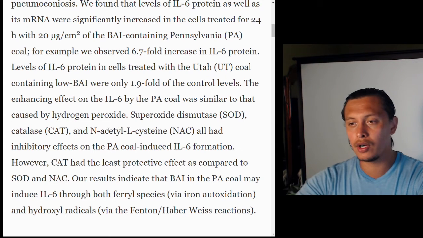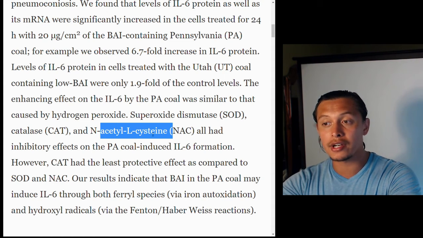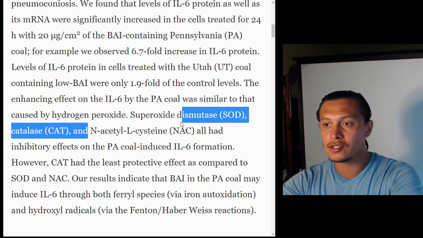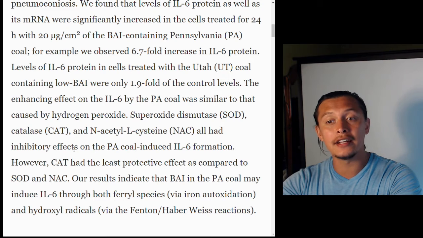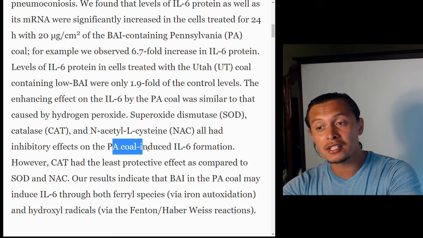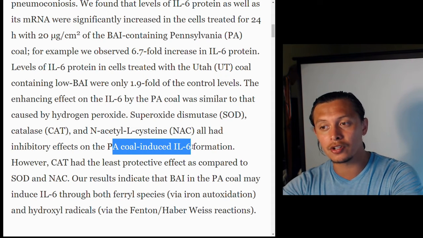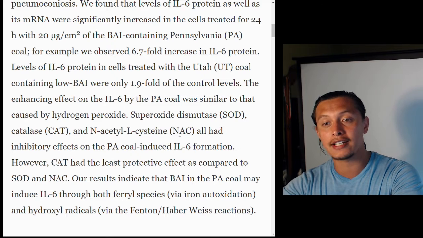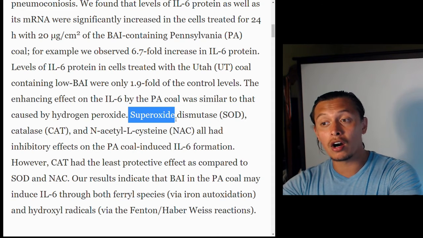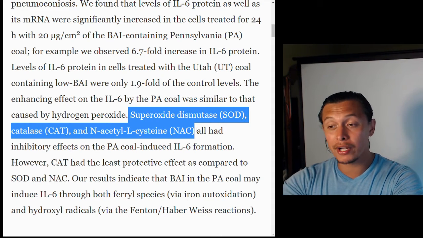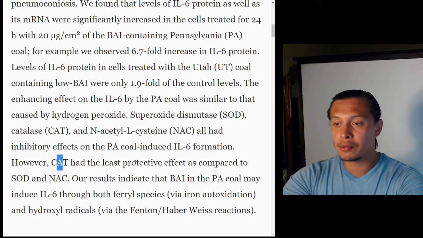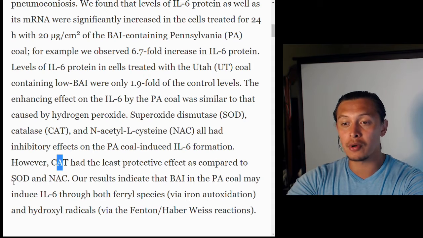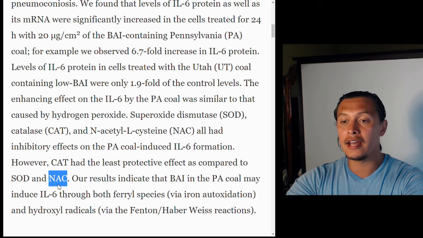There's also N-acetyl-L-cysteine, or NAC, which is an antioxidant that is, I believe, a cofactor for one of these enzymes. These all had an inhibitory effect on the Pennsylvania coal-induced interleukin-6 formation. So these antioxidant effects are truly lowering the interleukin-6 levels. However, catalase had the least protective effect as compared to superoxide dismutase and N-acetylcysteine.